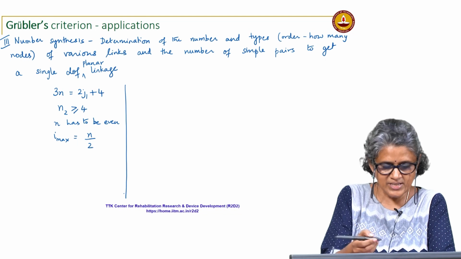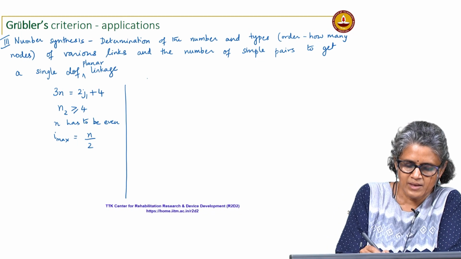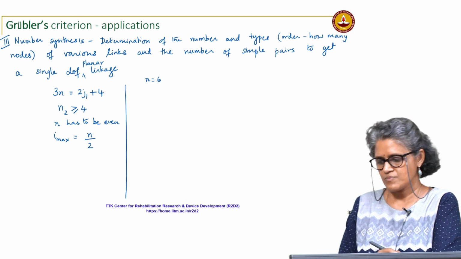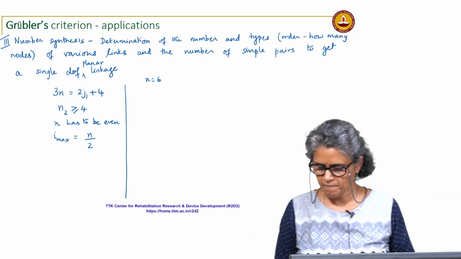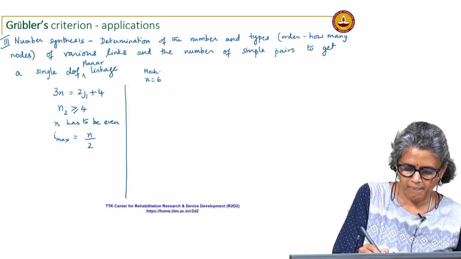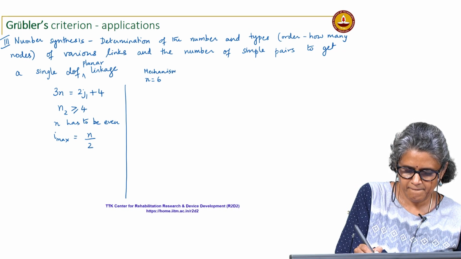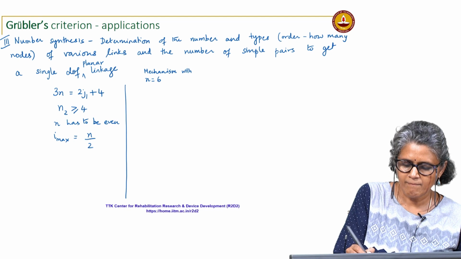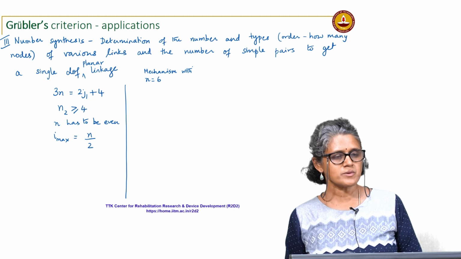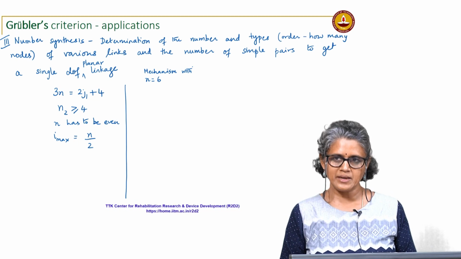So, the next one is, because n has to be even, n equal to 6. Mechanism. Now, you may ask, if single degree of freedom is what we want, why not just use a 4 bar all the time?